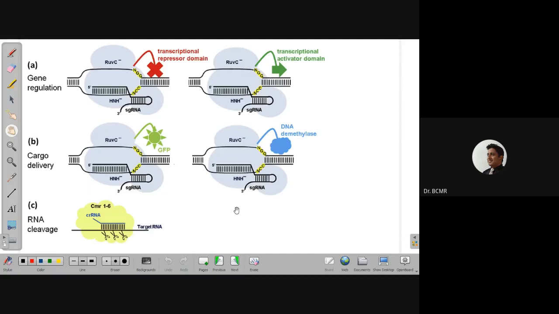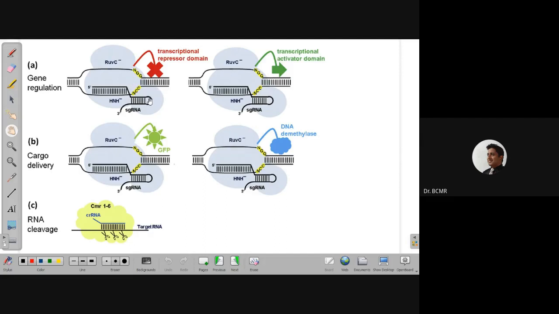So these are the same things, giving you the same effects. For gene regulation, first, you can repress or activate by creating transcriptional fusions of these domains with the defective Cas9 proteins or Cas9 mutants.